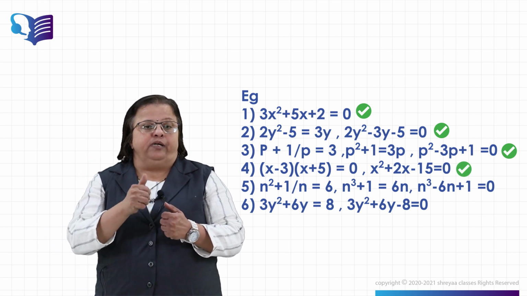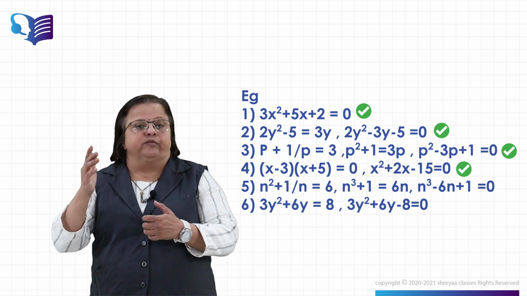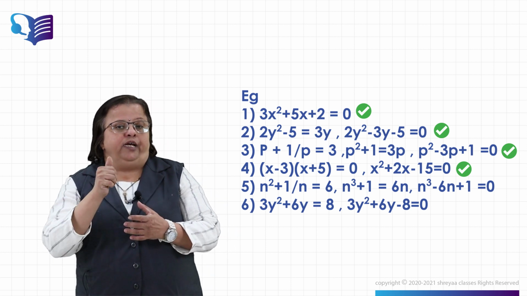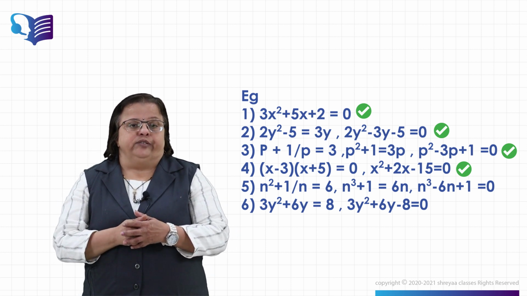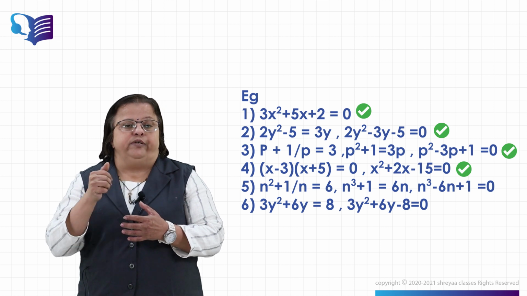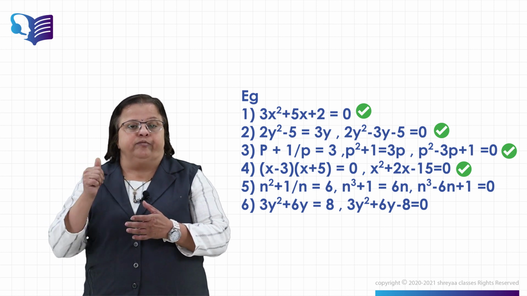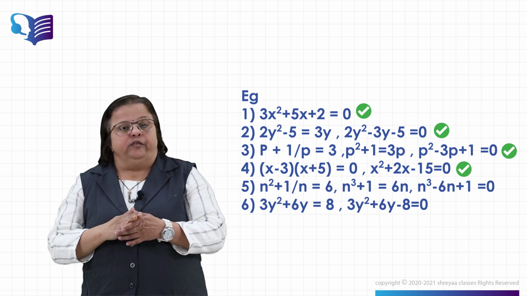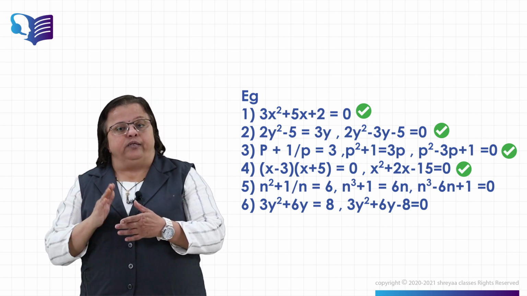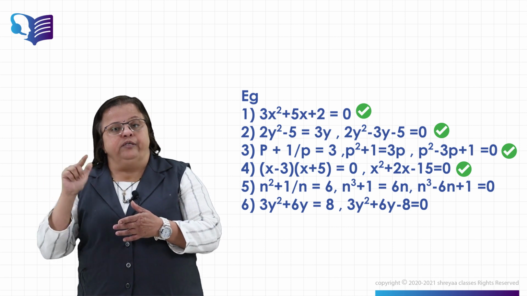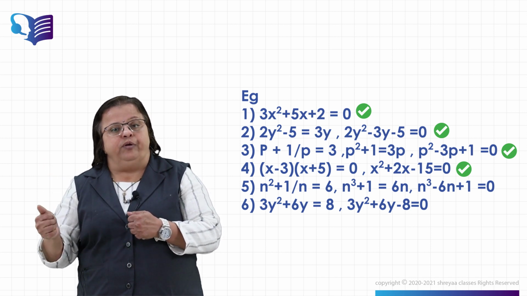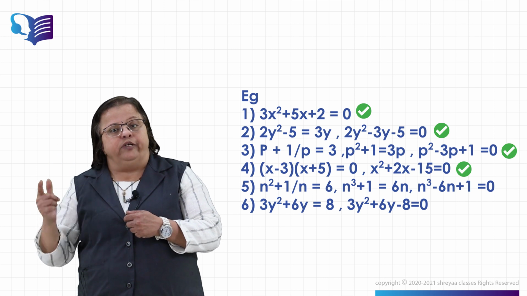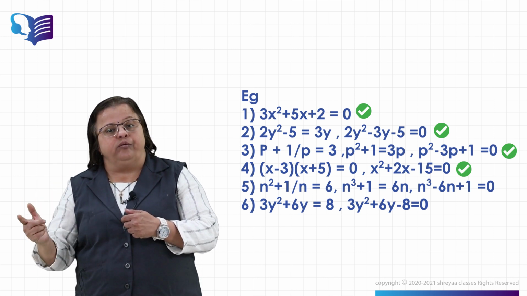Now n square plus 1 upon n is equal to 6. There is n in the denominator. So you have to multiply the whole equation by n. So n square into n is n cube plus 1 is equal to 6 into n, 6n. Therefore we can write this equation as n cube minus 6n plus 1 is equal to 0.